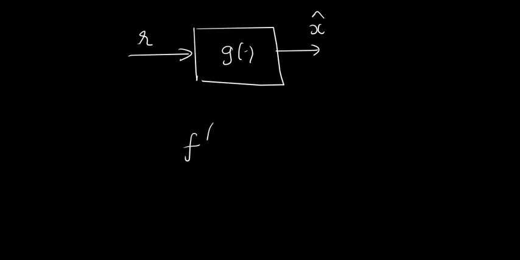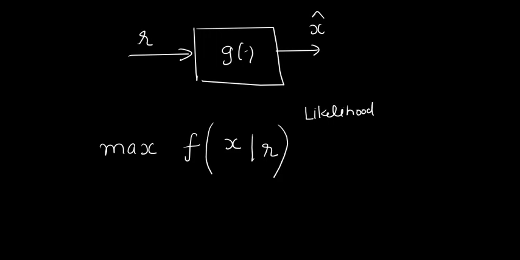You have to take whatever R you have received. What are the possible X? Evaluate this function, which is called the likelihood function, for all the possible X, and I call this set X, to put all these possible X.